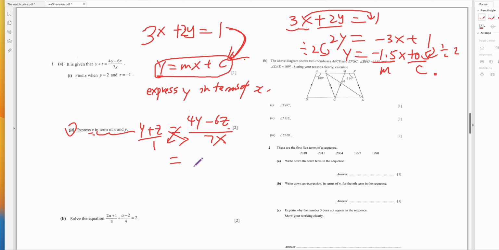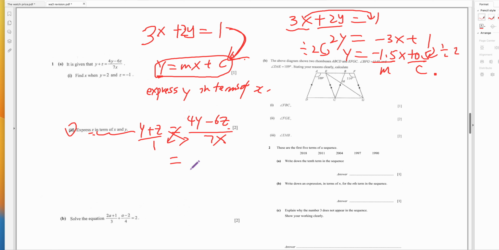After you cross multiply, just let me check. Okay.